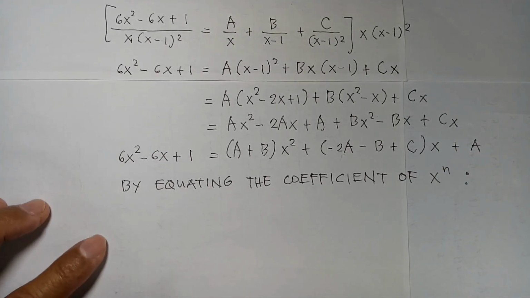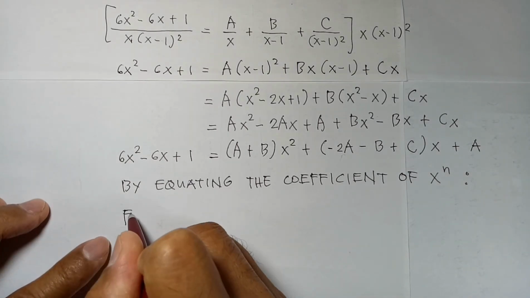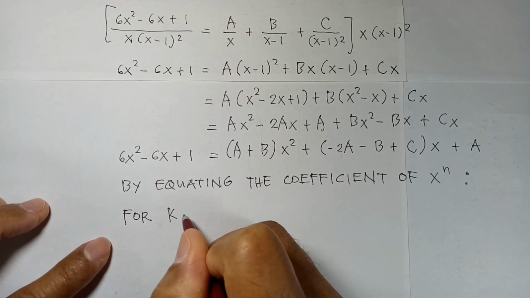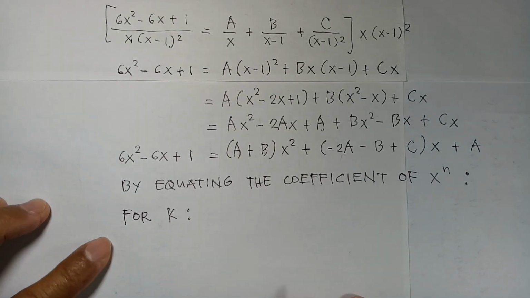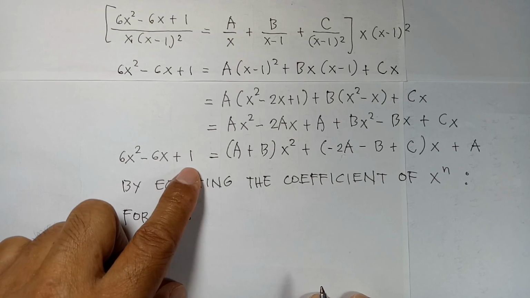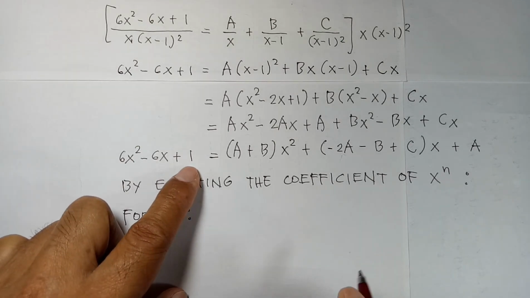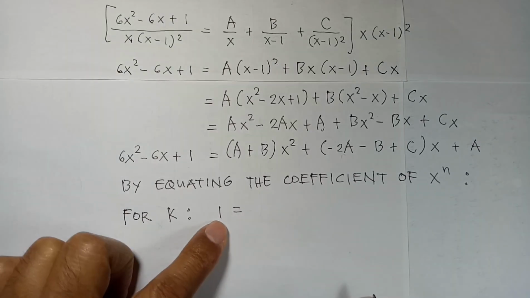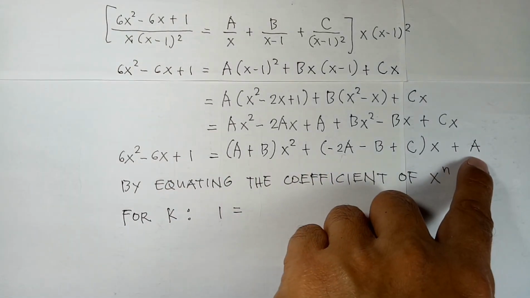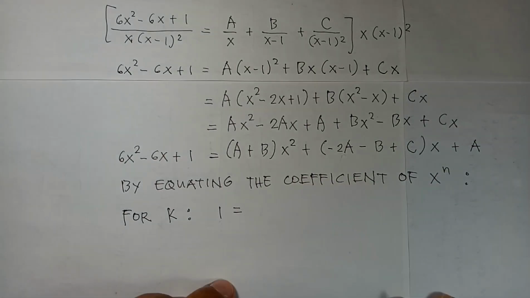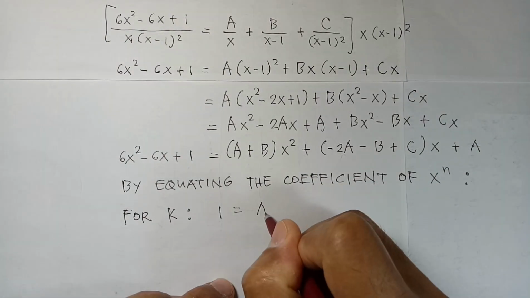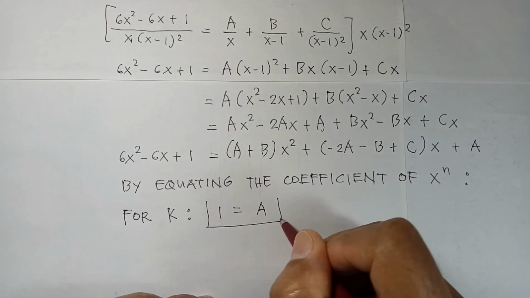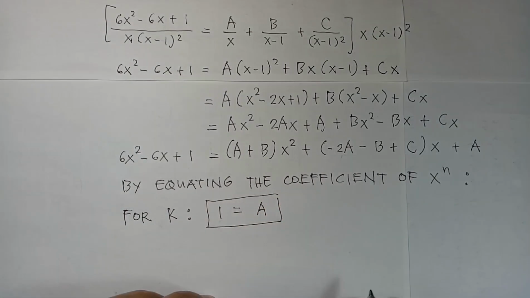So for the constant, the constant at the left equals 1. So simply equate this constant to the constant at the right, which is equal to a. So therefore a equals 1. So this is now the value of a.